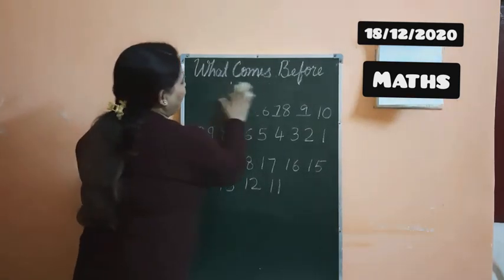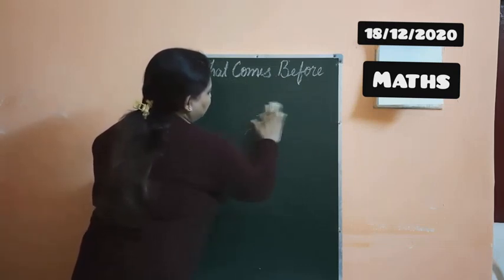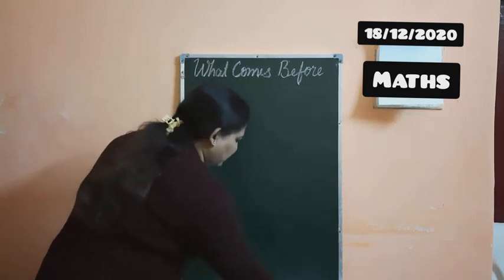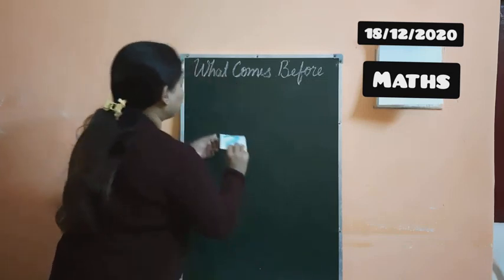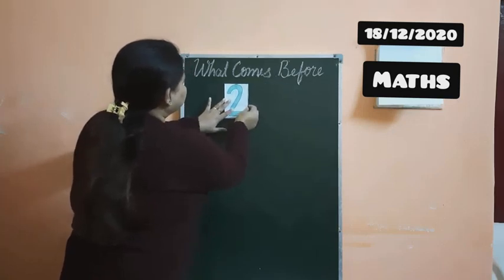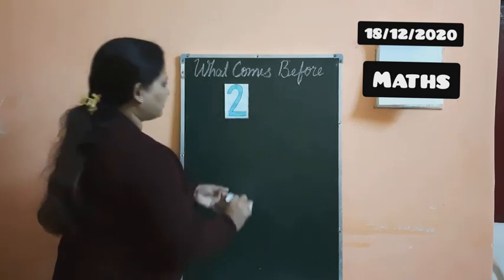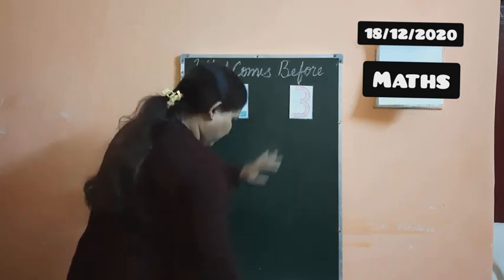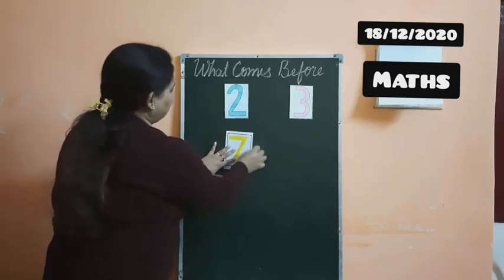Now children, I will put the flash cards and show you. Here is the number 2. You can see 2 easily. This is number 2. Which number is this? 3. This is number 7.